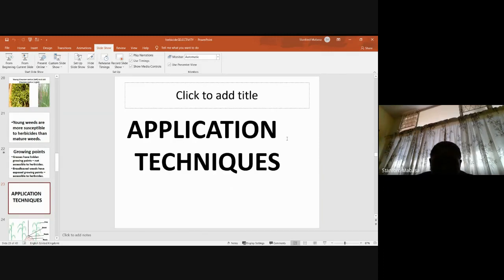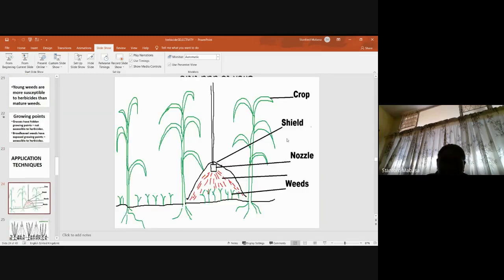Farmers can also use some application techniques which can bring about selectivity. For example, when you are spraying, you can protect your crops by using shields.